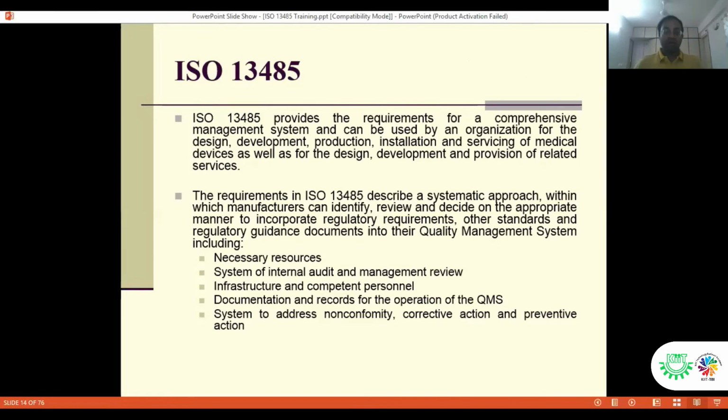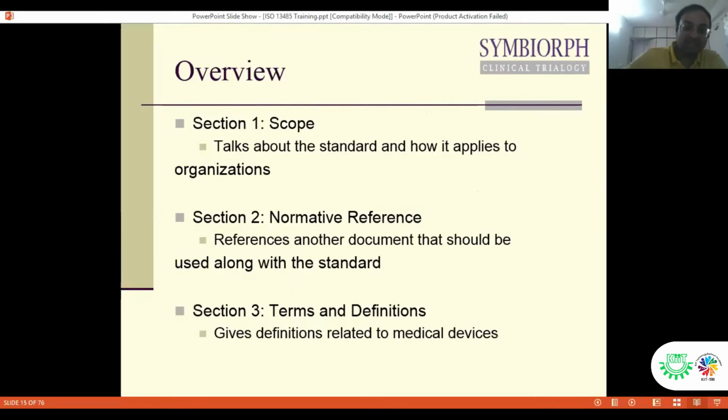Now I will be talking more about the different clauses of 13485 and how a company should implement 13485 in their system. So 13485, as you all know, has a total of 8 different clauses. Clause 1 talks about the scope.